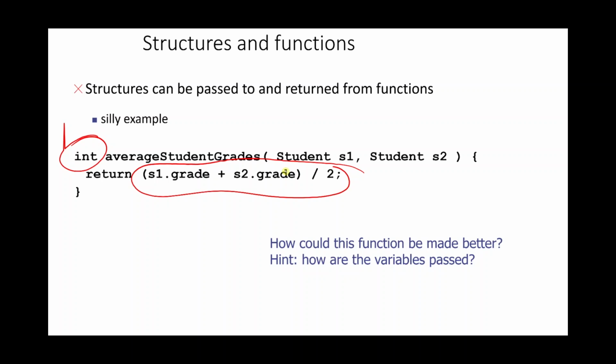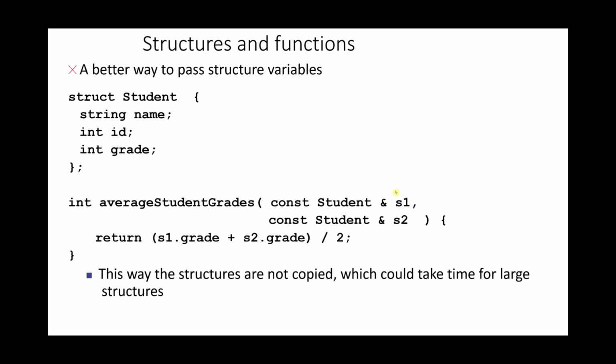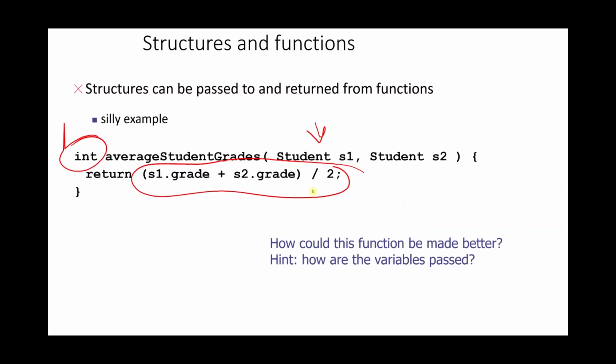So how could this function be made better? Yes, we can pass a student, but how can we make it better? What is better than just passing a structure? The better thing is passing by reference, not passing by value, because that was passing by value, and that is copying and pasting the student.